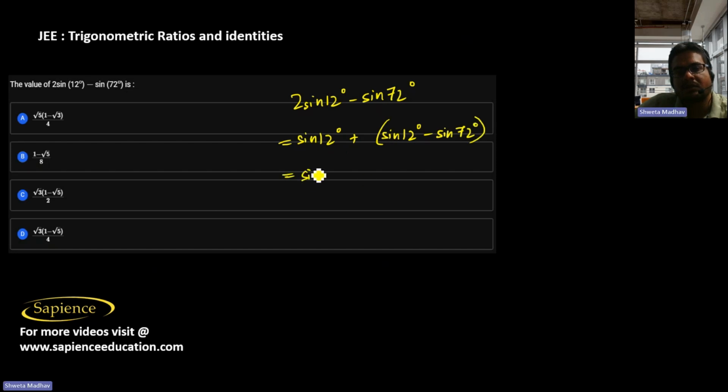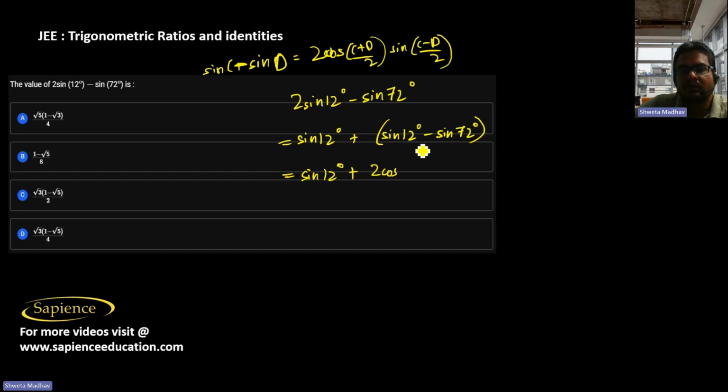So this will be equal to sine 12 degree plus, now sine c minus sine d, we know it is given as 2 cos of c plus d by 2 into sine of c minus d by 2. So here c is 12, d is 72. So I can say 12 plus 72 by 2 into sine of 12 minus 72 by 2.